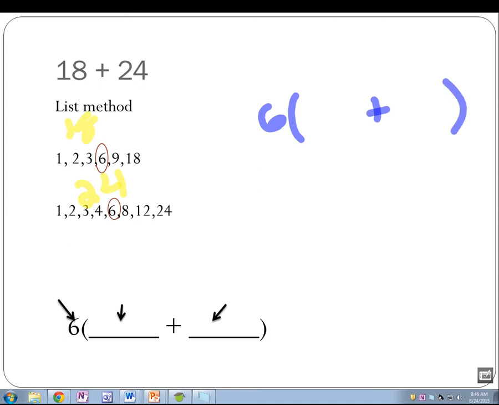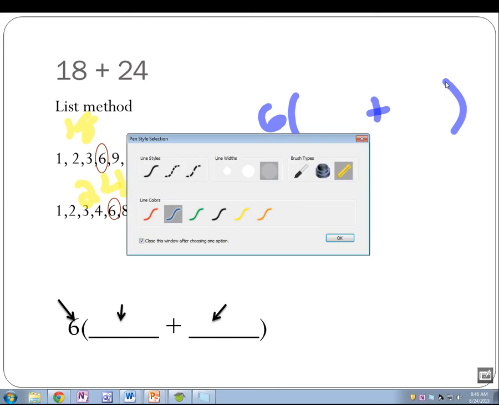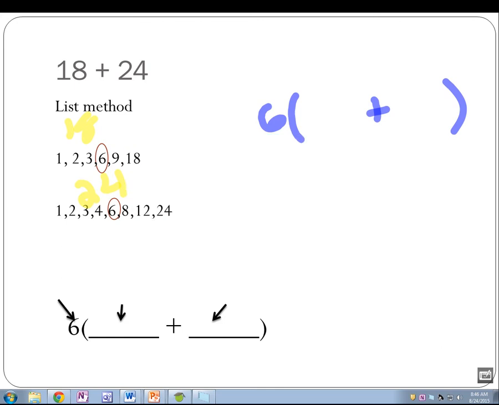What would be left on the inside when we pulled a 6 out of those 2 numbers? What if we did this? 12 and 18?